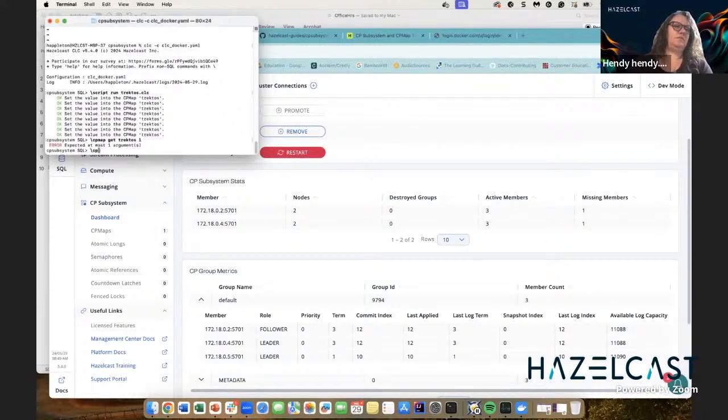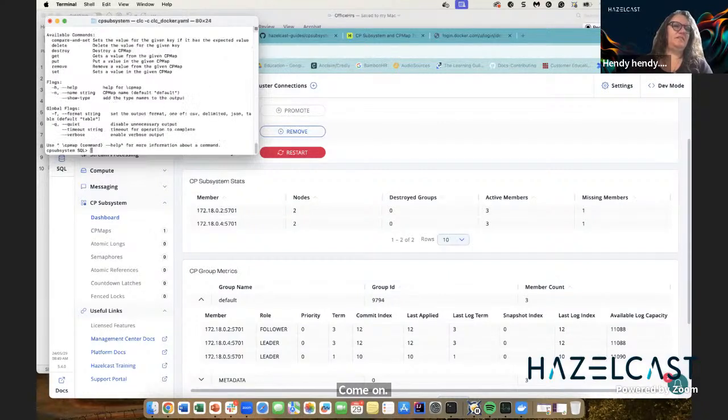Come on. Forgive me while I forget the syntax. You have to use the / because it defaults to wanting to use SQL searches.